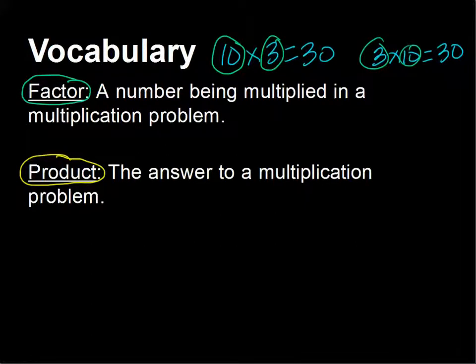Like I mentioned before, multiplication and division have a very special relationship. Both of them are inverses. What that means is that if I have a multiplication problem such as 10 times 3 equals 30, the inverse operation would be to divide.